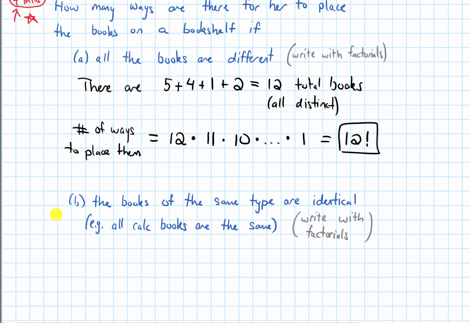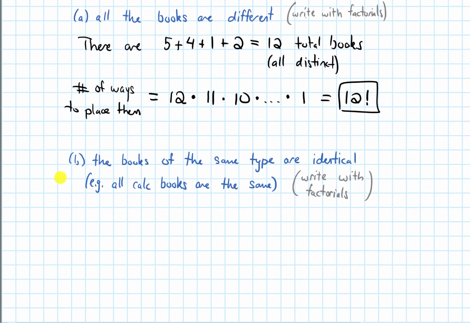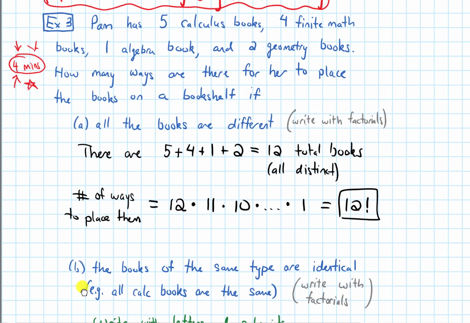So part B is different because it says that, for example, all the calc books are the same. All the books of the same type are identical. So if you were to switch their order amongst themselves, it doesn't change what it looks like. So if we were to write the books with letters and subscripts, and just place them all in one order.